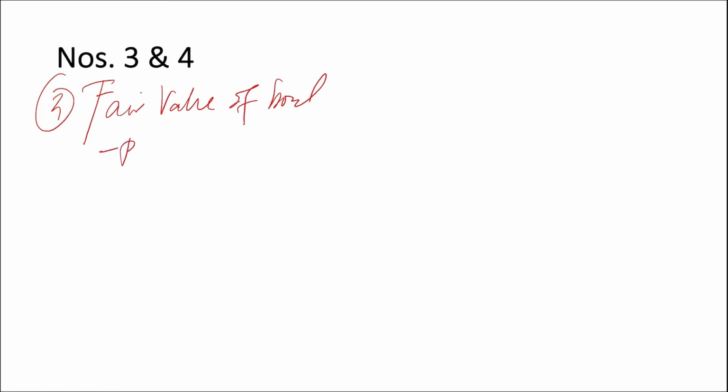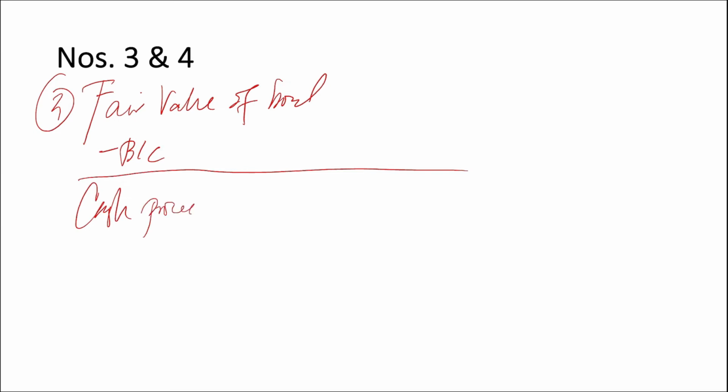Numbers 3 and 4. Assuming the bonds were issued at 98, how much is the net cash proceeds? Same formula: fair value of the bond minus bond issue cost. That's your cash proceeds. How much is the fair value now? 10 million times 98%.